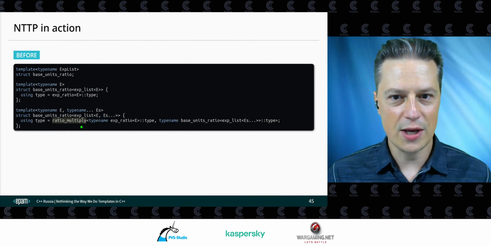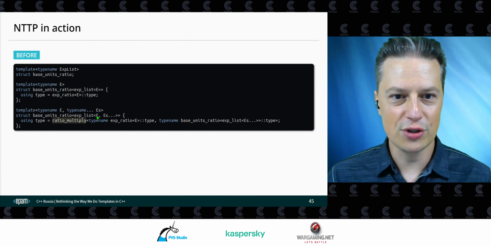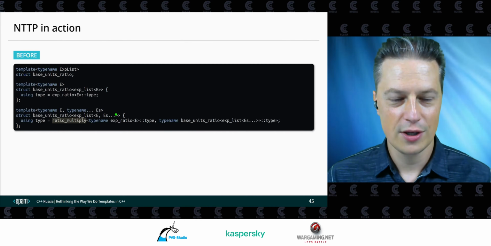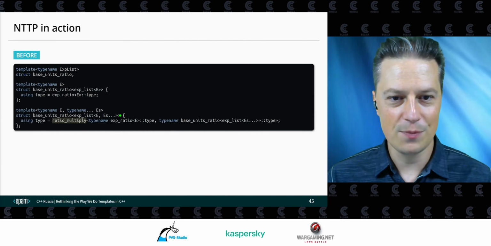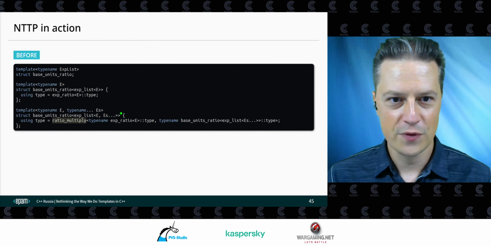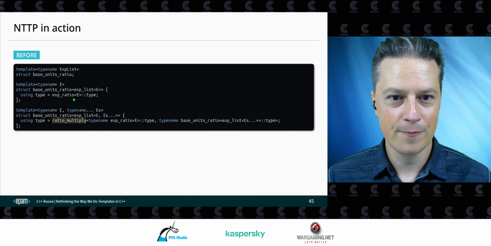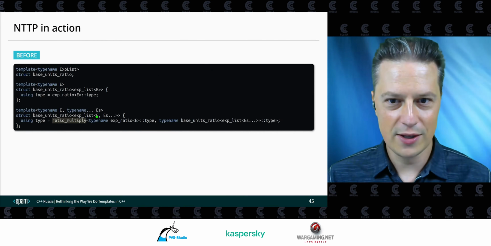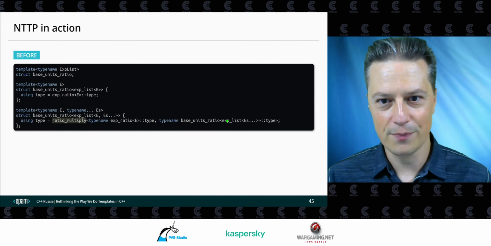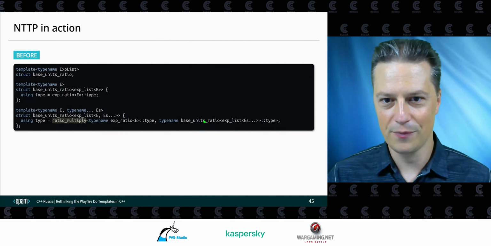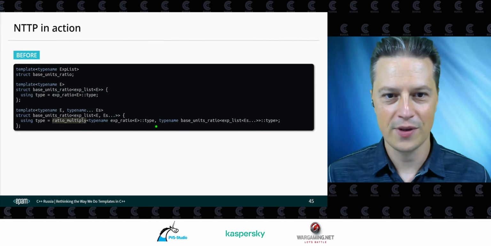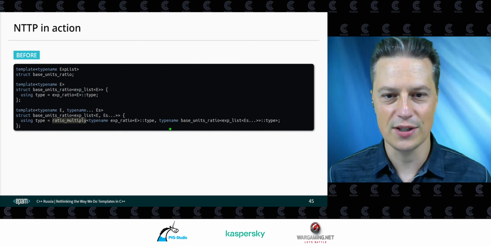Another thing is I wanted to multiply all of the ratios in the exponent lists. So we have an exponent list, a variadic list of arguments here. Basically, if there's only one element here, we just provide the ratio of one exponent. If there is a list, we have to multiply this exponent by the rest of the calculation, right? We are doing, let's say, recursion here until the parameter pack is empty.